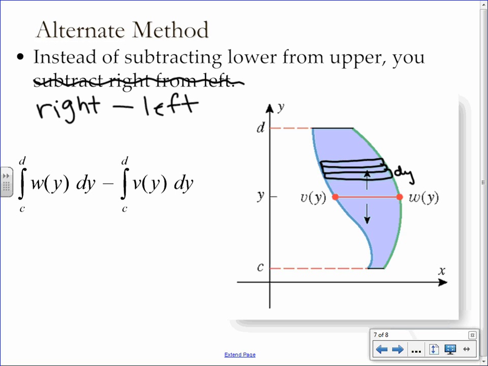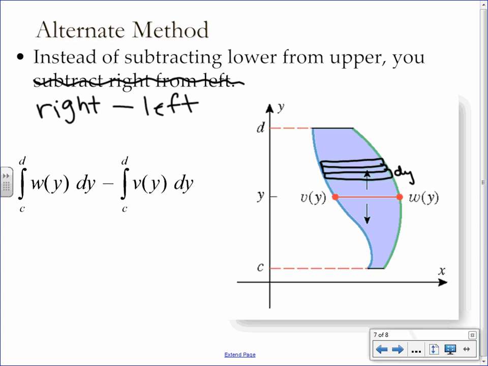Because we're still going to take the larger rectangles minus the smaller rectangles. Okay, it's the same principle. You want longer rectangles minus shorter rectangles. So right minus left, because our rectangles would be drawn all the way to the y-axis this time instead of the x-axis. So the more positive your function is, that's the one that's going to come first. Right to left, top to bottom.